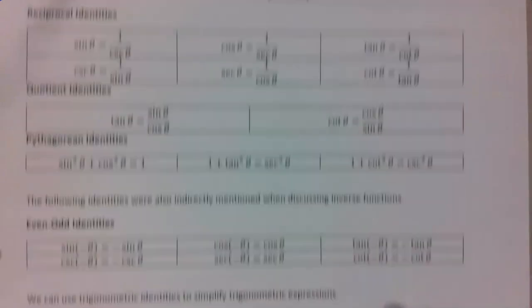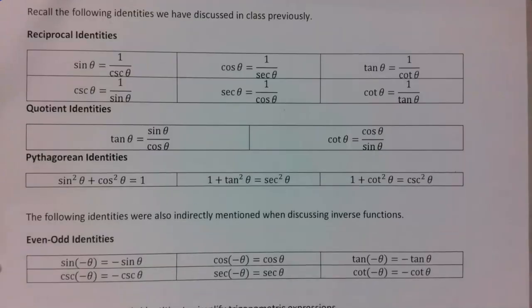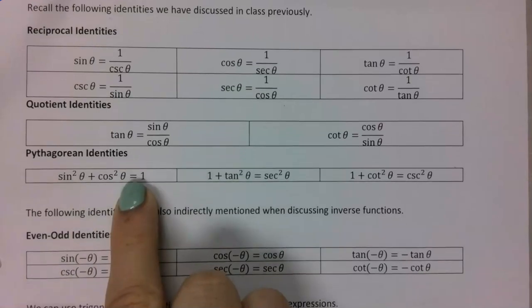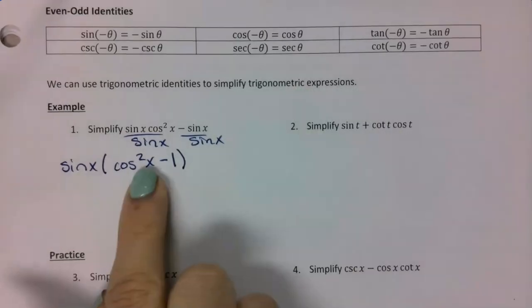So if I look up at my identities up above, are any of these helpful? So I have sine squared plus cosine squared equals 1. So how would you like me to rewrite what I have in here?